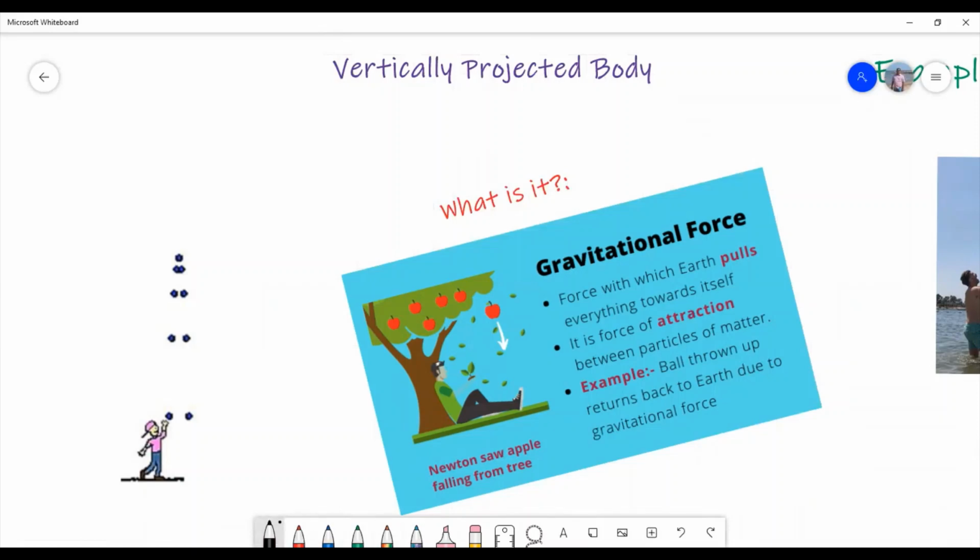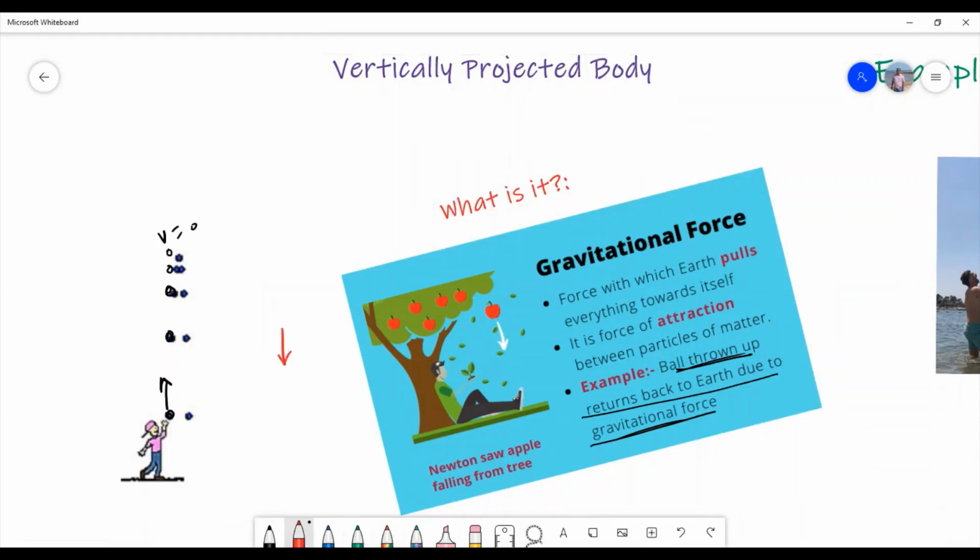So we all know a ball thrown up returns back to Earth due to gravitational force. We can see in this example. This boy is projecting a body up, a ball or something. It is going up, up, up. Why does it stop somewhere? Because this body is not accelerating. It is moving against gravity.